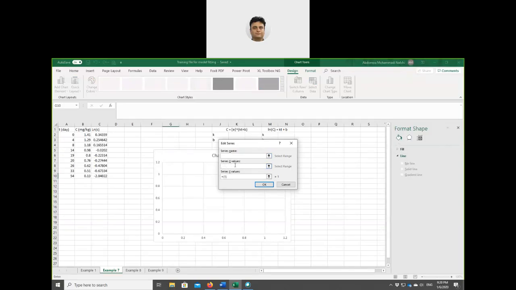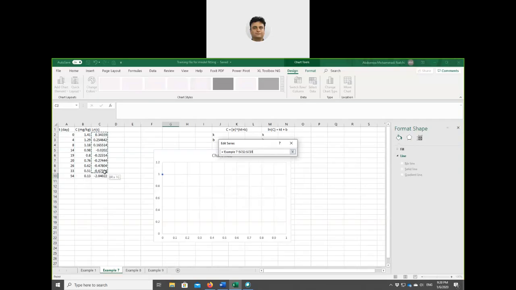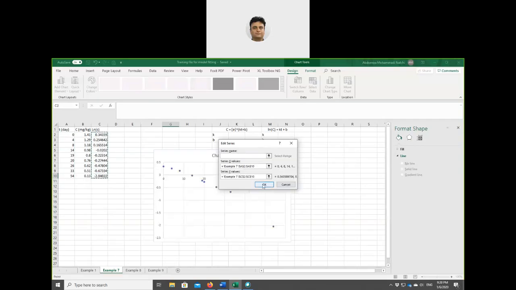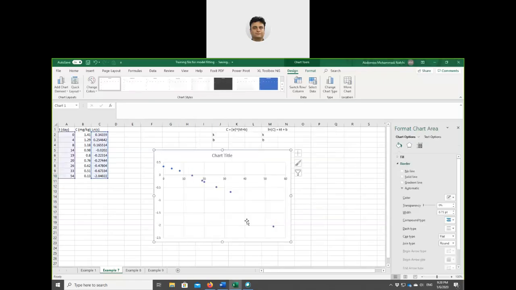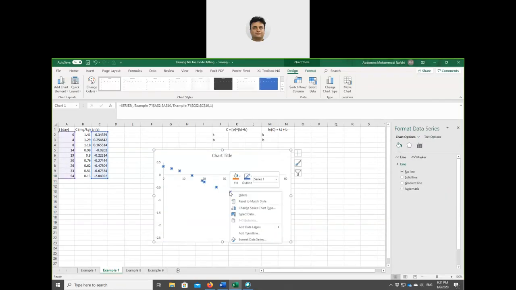X series is time because time is independent. And for the y, don't forget to remove the 1. Instead of c, I want to draw ln c over t. This one, and that's all. Okay, we have the data. As you know, I hate this one, so I want to remove it.